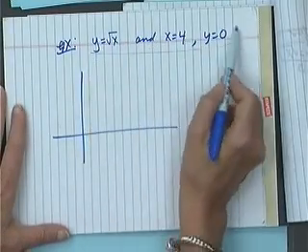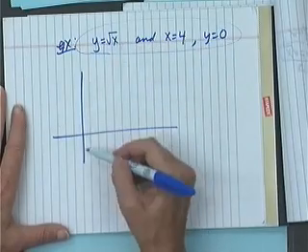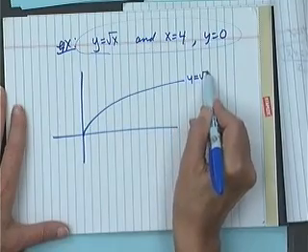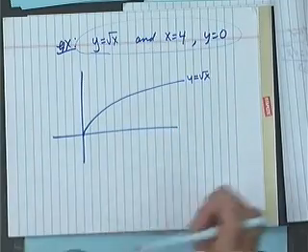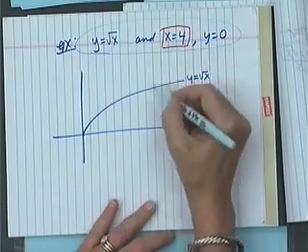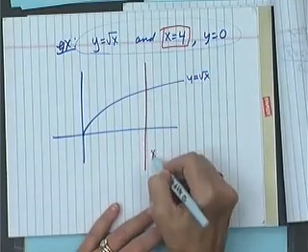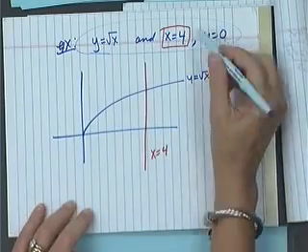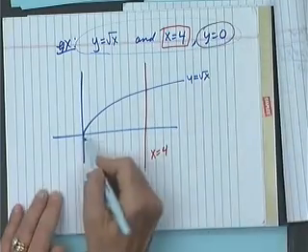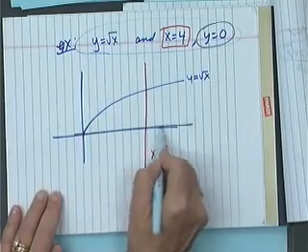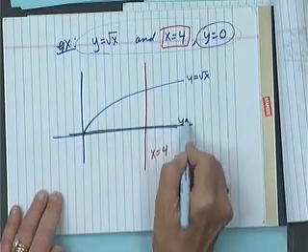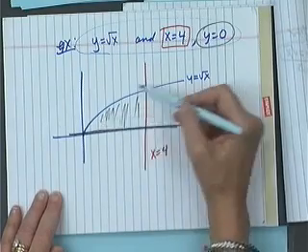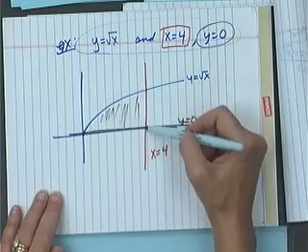All right, so the area bounded by these curves. y equals the square root of x looks like this. x equal to 4 looks like this. y equal to 0 is the x-axis. Okay, do you see your bounded region right here? It's enclosed by all of those curves.